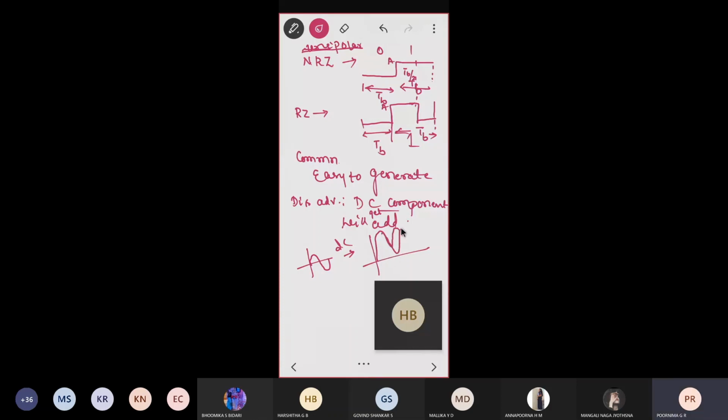So the negative portion will get clamped to the positive side. Whatever is from negative to 0 is DC component induction. Such problems will be more in case of unipolar non-return to 0. But for smaller distance communication, this type of signaling format can be used.